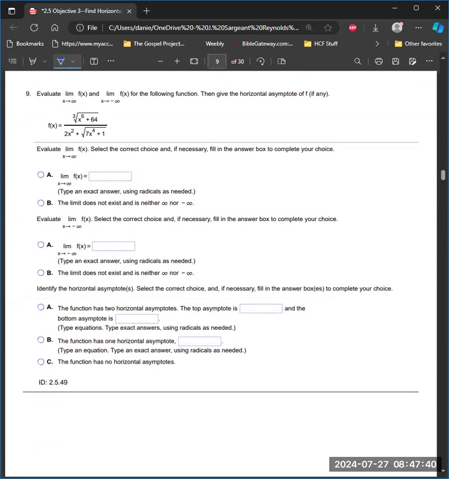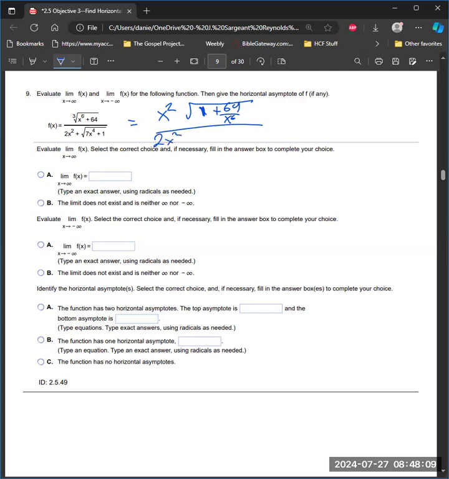About halfway through, let's go ahead and look at this one. Pull this out. This is an odd exponent, so this is just plain old x squared times 1 plus 64 over x to the sixth, over 2x squared.